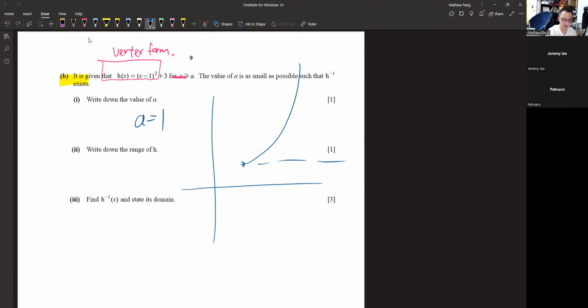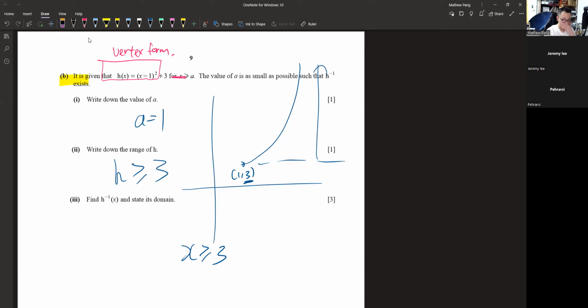So my h must be bigger than or equal to 3, because it goes from 3 until infinity. Then for h inverse, the domain of h inverse is equal to the range of h. So the range of h is y bigger than or equal to 3, so the domain is x bigger than or equal to 3. Okay, so the domain is settled.